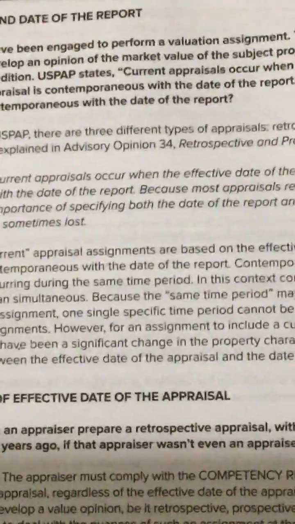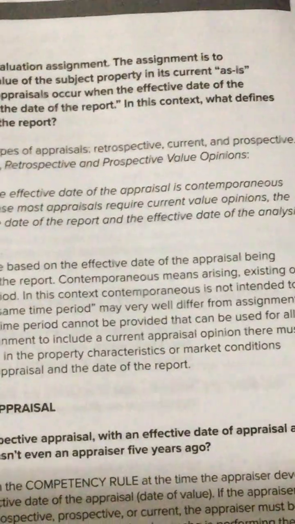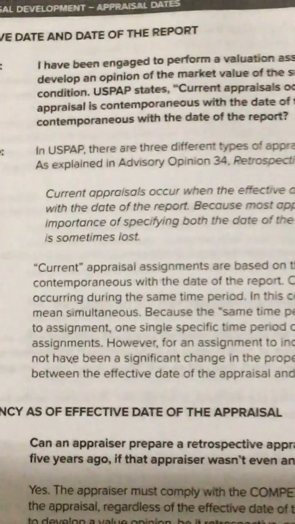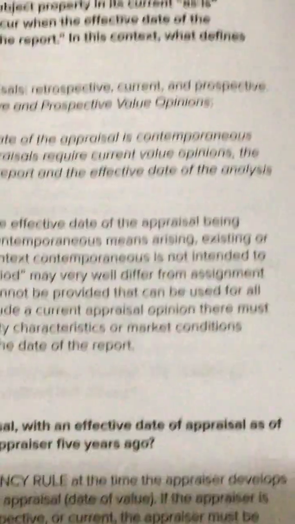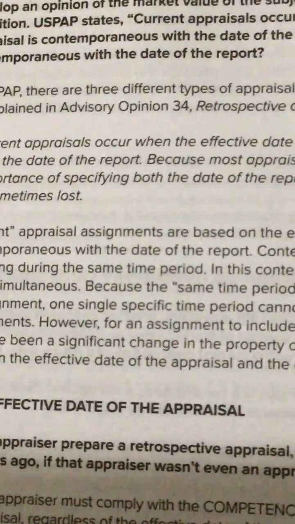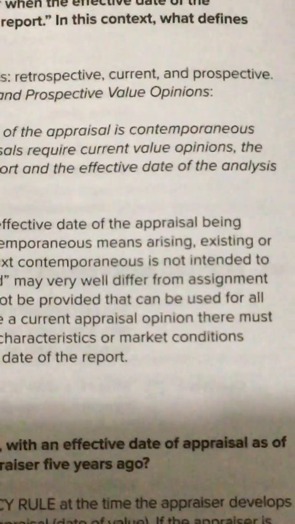Current appraisals occur when the effective date of the appraisal is contemporaneous with the date of the report. Because most appraisals require current value opinions, the importance of specifying both the date of the report and the effective date of the analysis is sometimes lost.